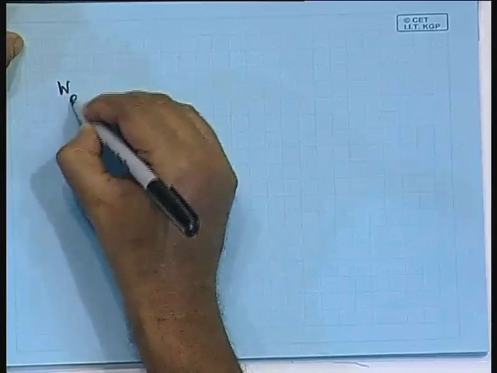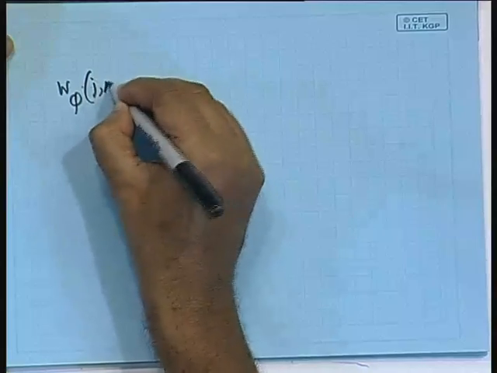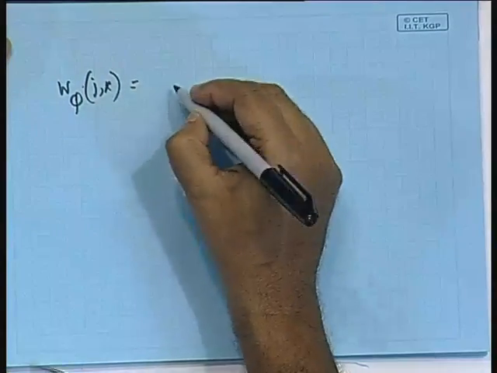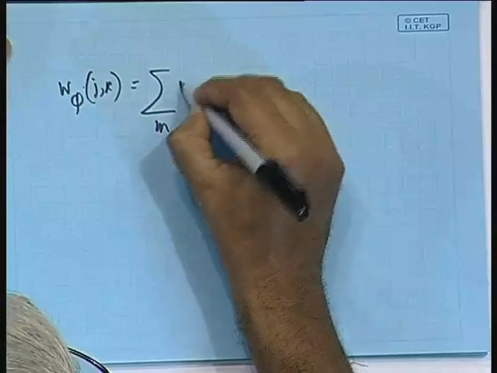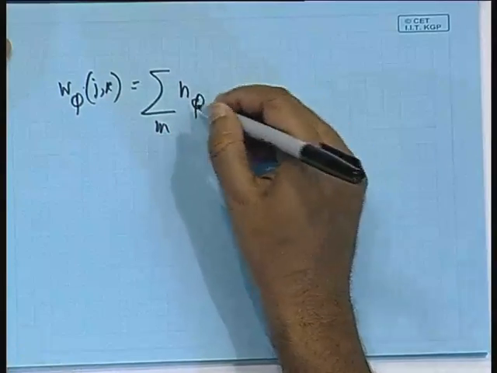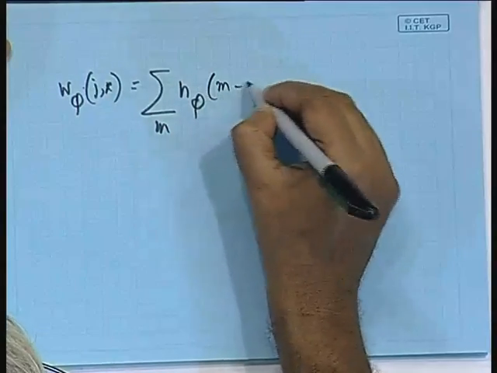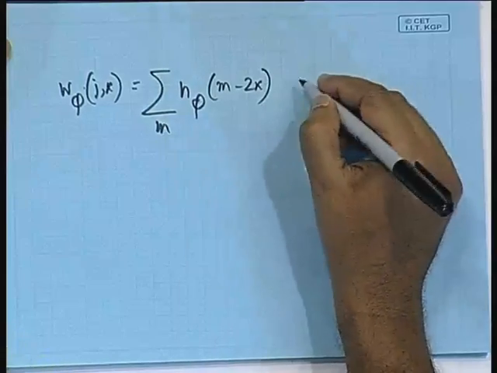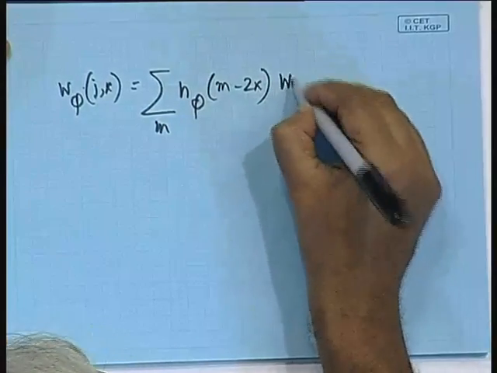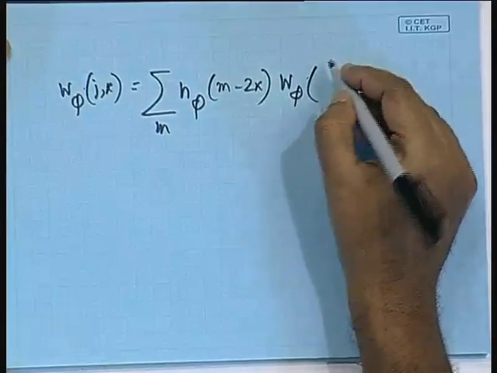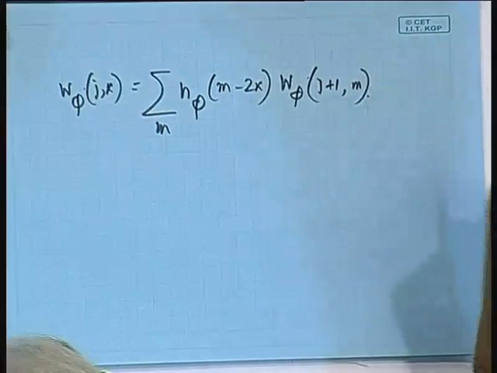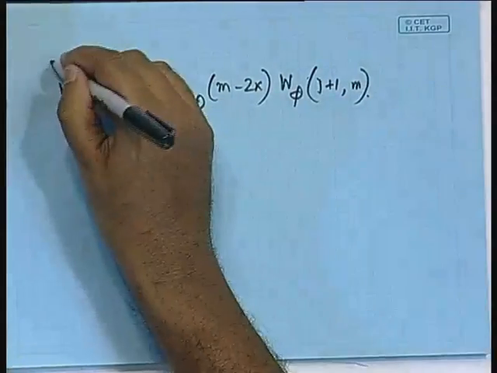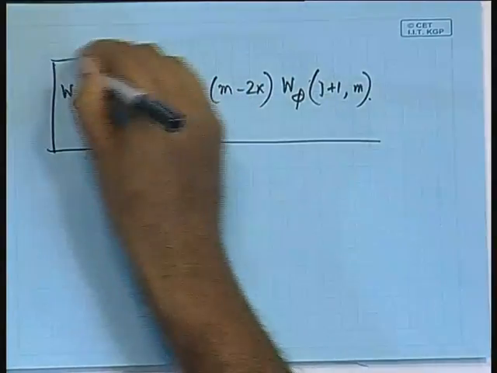W phi j k in a very similar way can be obtained as summation over m h phi m minus 2 k into W phi j plus 1 m. This is also a very interesting expression.